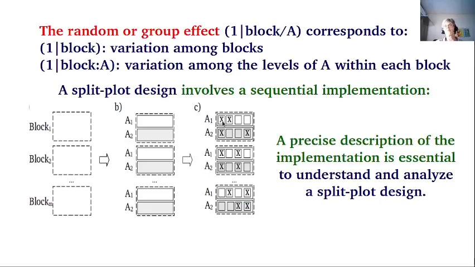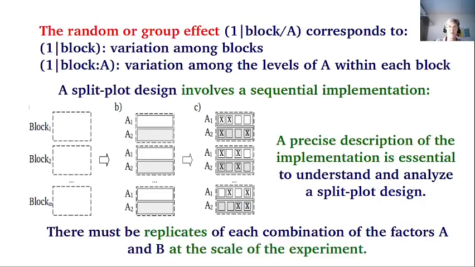So we always need a precise description of the implementation of the split plot design in order to understand and be able to analyze it in a proper way.